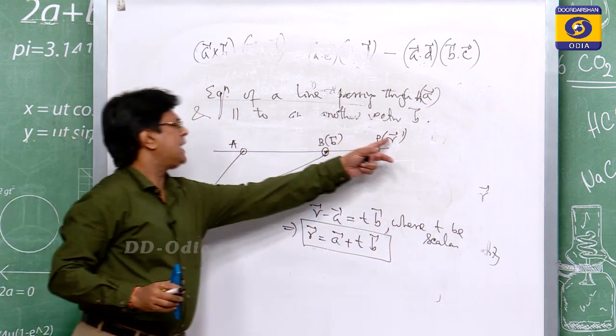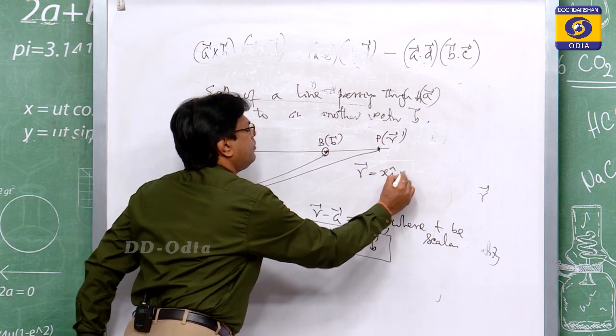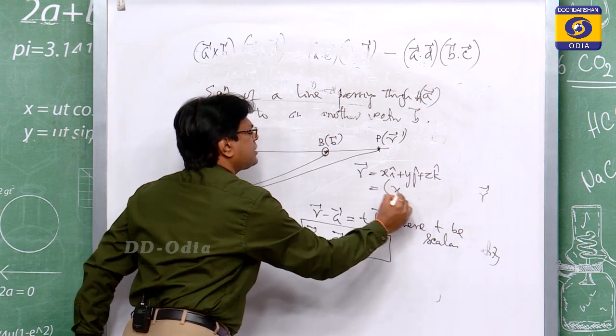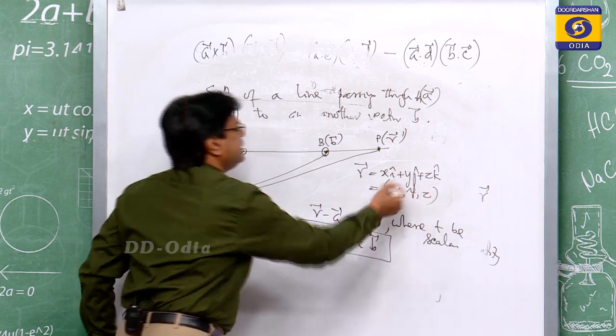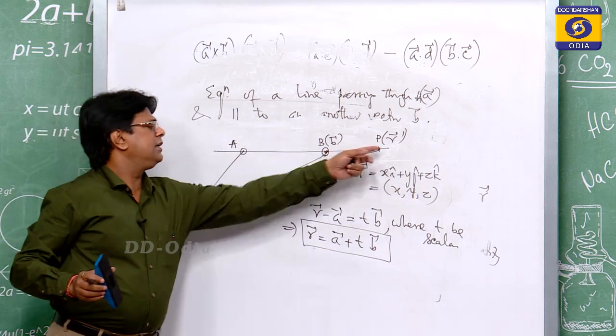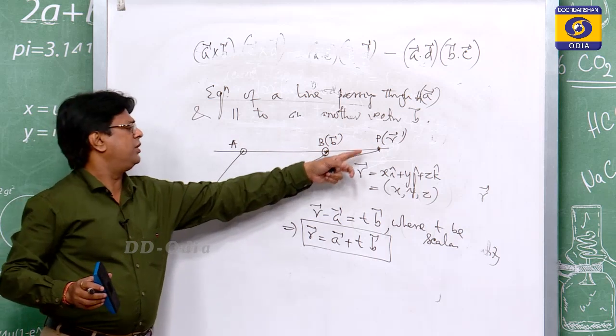So, r vector is nothing but x i plus y j plus z k, or this is x comma y comma z. This is a variable point moving hither and thither, forming a line. So, this is your locus of the point P.